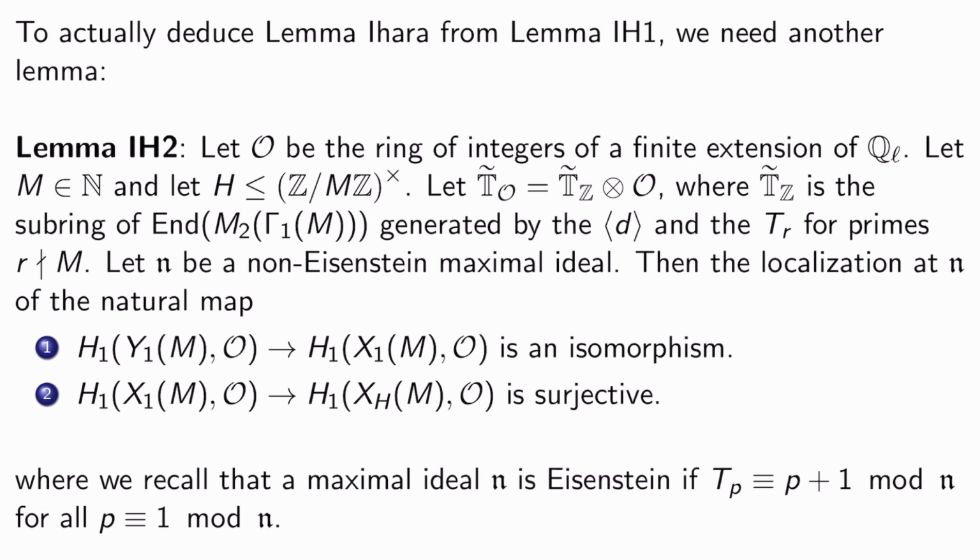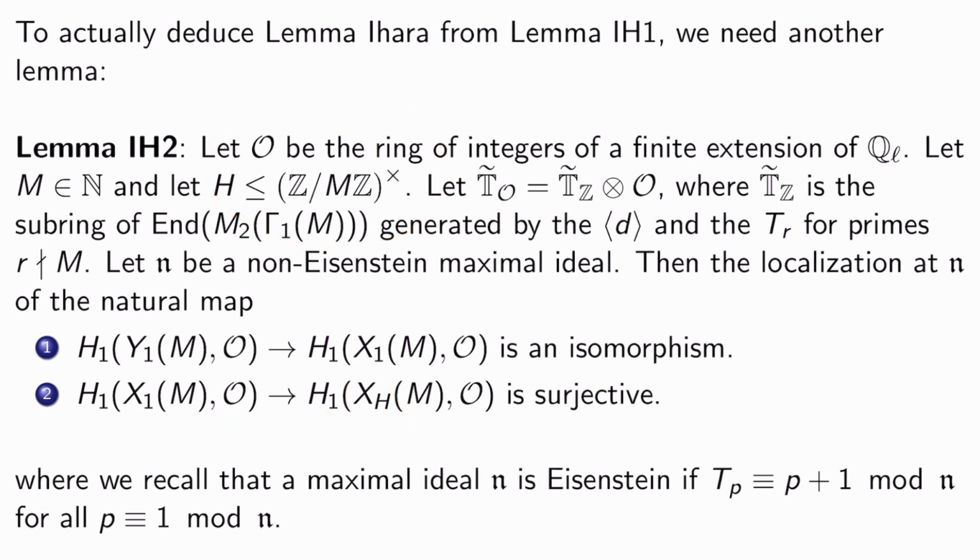Then the localization at frac n of the natural map from H1(Y1(M), O) to H1(X1(M), O) is actually an isomorphism. So in other words, you take this map, it's a natural map here, you localize at this ideal, you just actually get an isomorphism. And then the map from H1(X1(M), O) to H1(X_H(M), O), remember from this subgroup here, you can produce a modular curve.